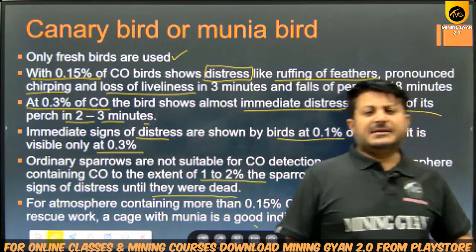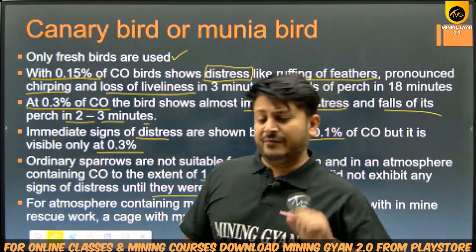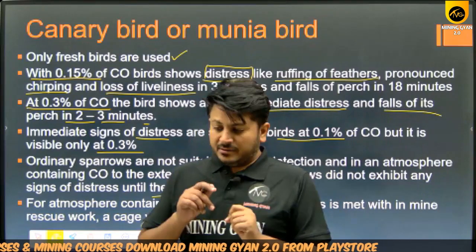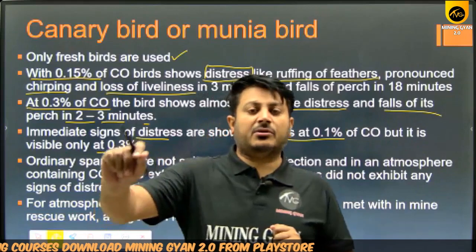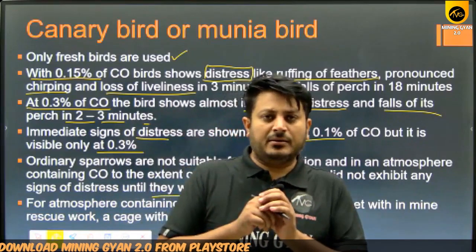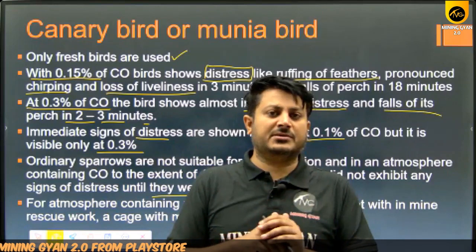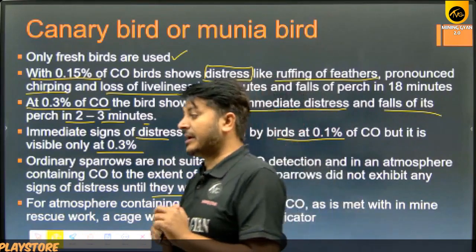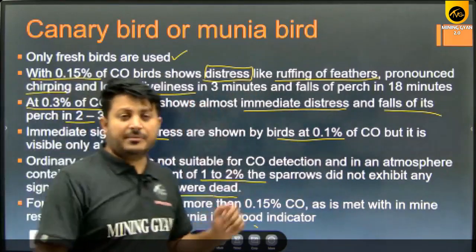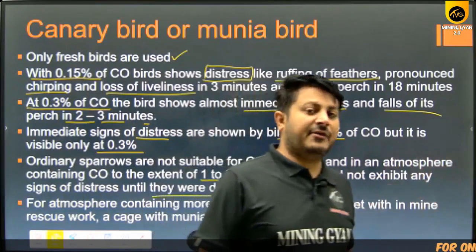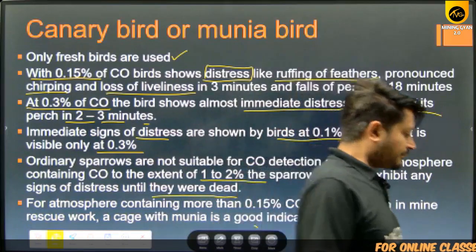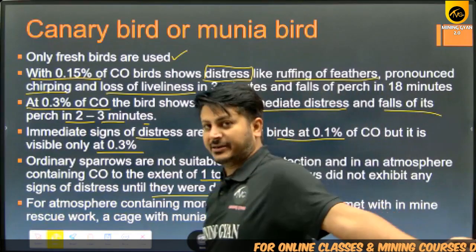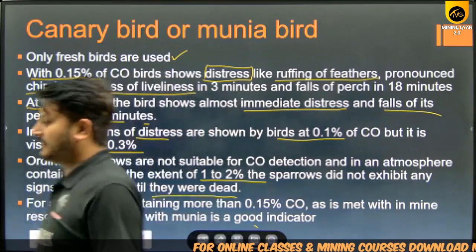But the basic difficulty with the mouse is that whenever it feels danger, it will sit quietly at the corner of the cage. It will not show you any type of distress. It feels everything, similar to the munia bird, but it will sit quietly in one corner of the cage. In that case, it will not tell you anything, and then it will take you with it.